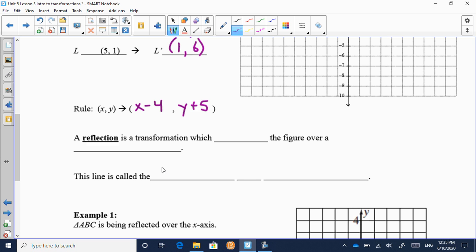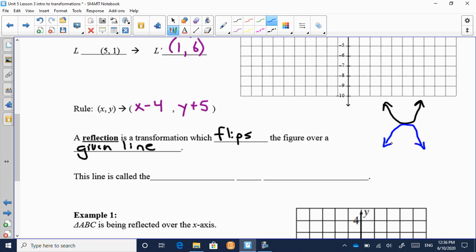Okay, let's move on to the next type of transformation. So it says here, reflection is a transformation which flips the figure over a given line or a given axis. Okay, so it's the idea of taking a shape and flipping it. So if it was a parabola like this, we're going to take that parabola and turn it upside down like that.